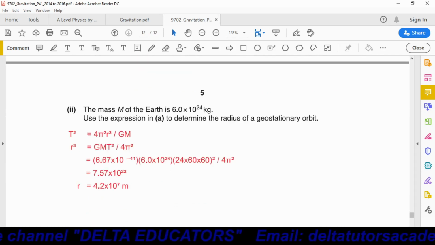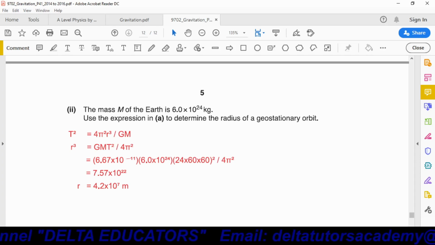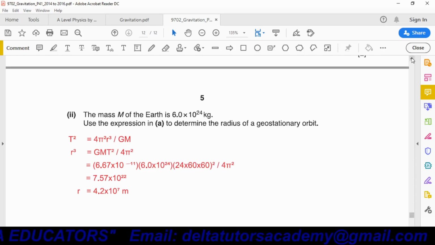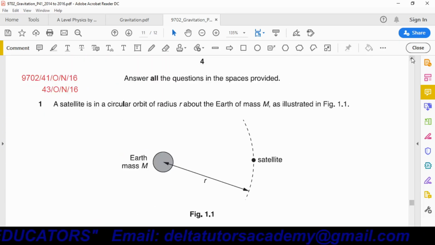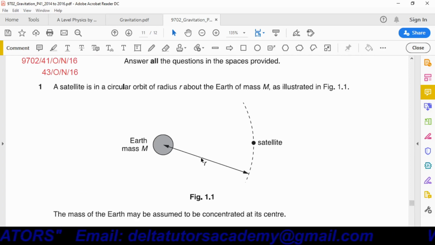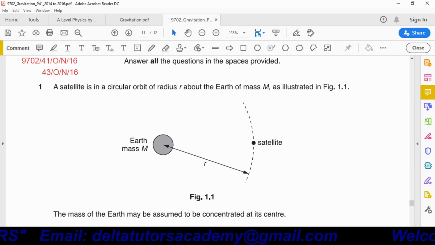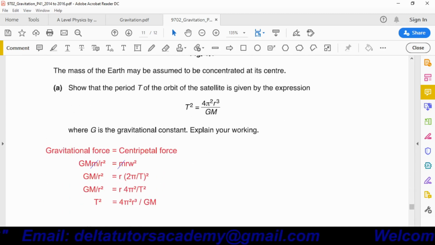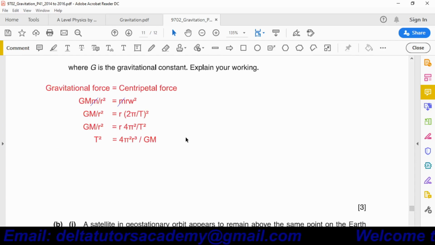The mass m of the Earth is 6 into 10 power 24 kg. Use the expression in part A to determine the radius of geostationary orbit. What we have to calculate is the distance, the radius of geostationary orbit, by using the formula we have derived.